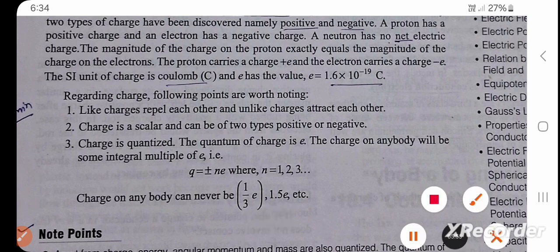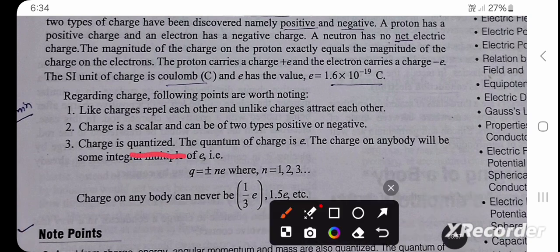Charge is quantized. What is the meaning of quantization? Quantized means the quantum of charge is e. The charge on any body will be some integral multiple of e. That means Q can be written as plus or minus n into e, where e is the charge of the electron. This is the quantum of charge, and n is an integer: 1, 2, 3, etc. This is the quantization of charge.